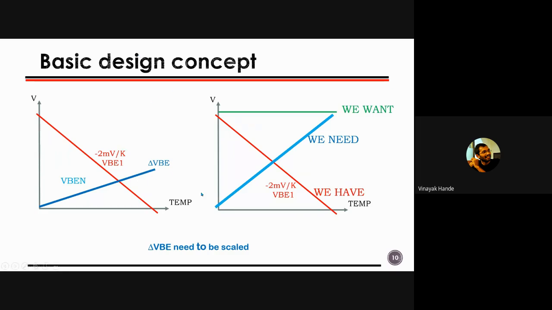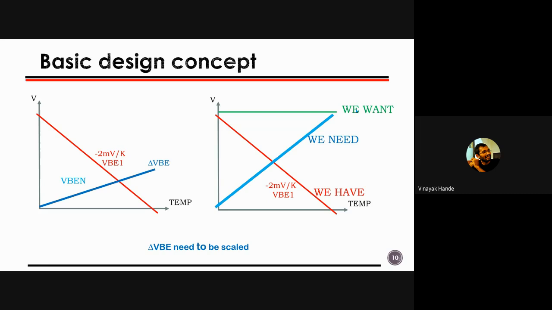Okay, then again, same thing. I have delta VB increasing with the temperature. But if we look carefully, what we needed is something much steeper, right? Steeper in the upward direction. So delta VB needs to be scaled to get this, right?